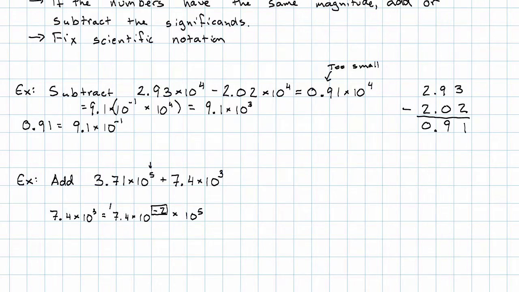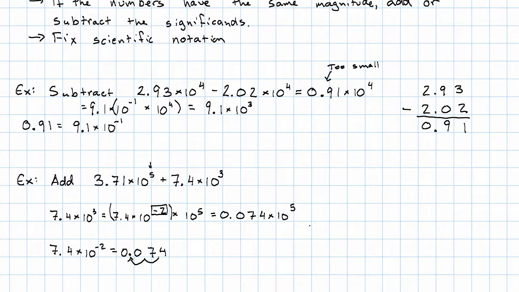So I get 7.4 times 10 to the negative 2. That's, let's see, 7, 4, 1, 2 places to the left. I have 0.074 times 10 to the 5th.